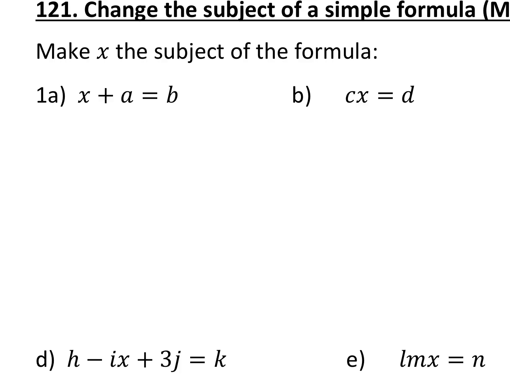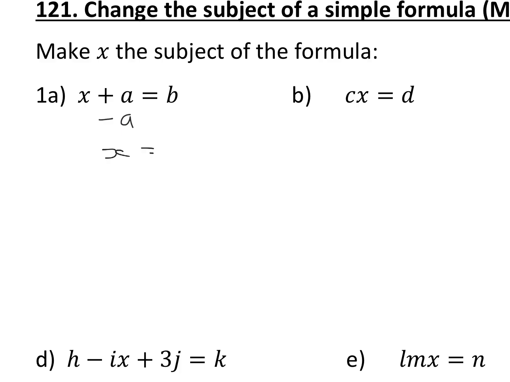So when you solve an equation, you would find something like x equals 2. We're doing the same thing, same idea here, only we won't get x equal a number, we'll get x equals some algebraic expression on the right hand side. So in the first case, if I was going to try and find out what x is, I'd need to get rid of that plus a. So I'd have to take a off the left hand side, and I would just be left with x on the left.